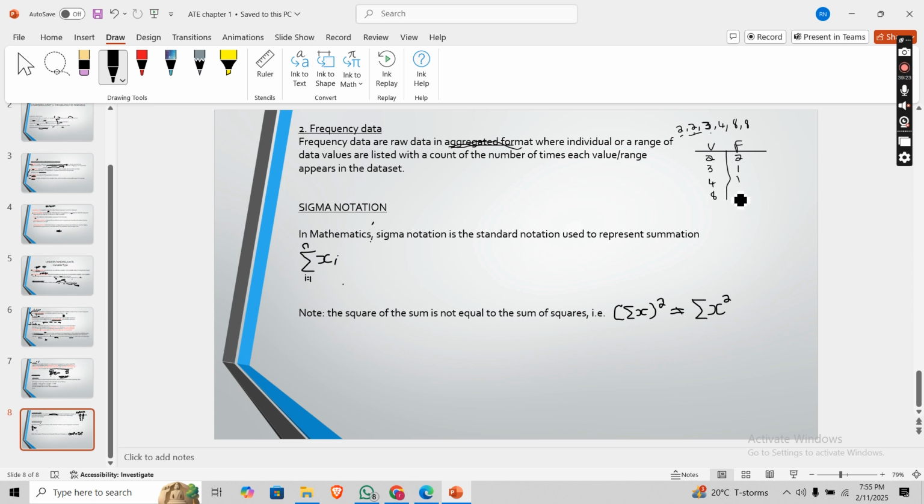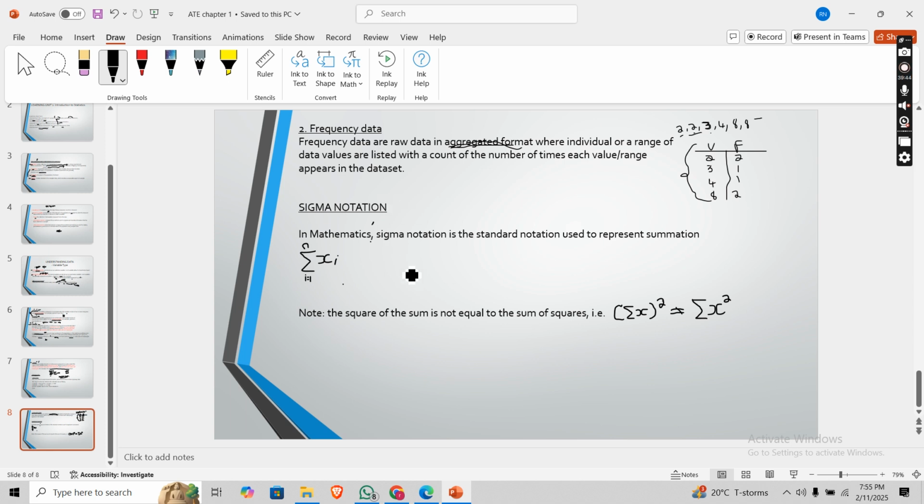It appears twice, write 2. So this is the frequency data format, and this is the raw data format. I hope you understand the difference between the two.